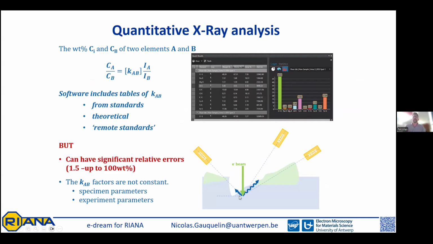But what is important to know is that depending on where the beam is hitting and where the X-rays are detected, depending on the angle, you can have more or less error, and the error can go up to 100%. So these k-factors are not constant and depend on the specimen and on experimental parameters.